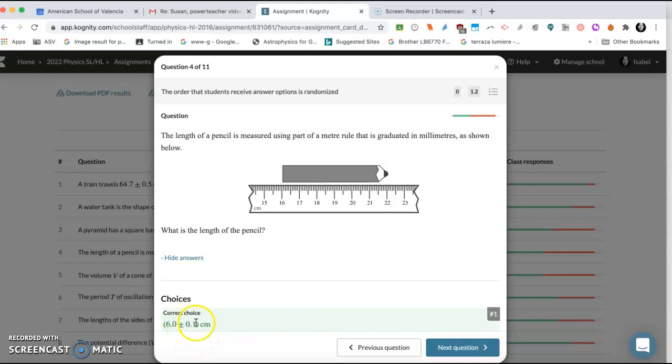Why 0.1? Because when we are subtracting a value, we add the absolute uncertainties. So the uncertainty would be 0.05 plus 0.05, which gives us 0.1.